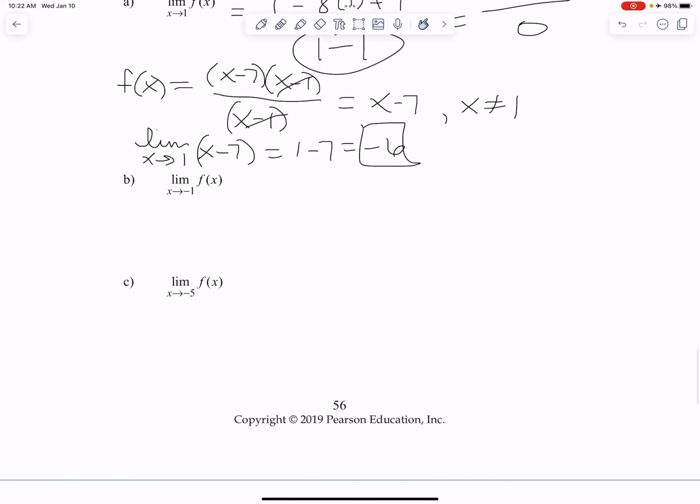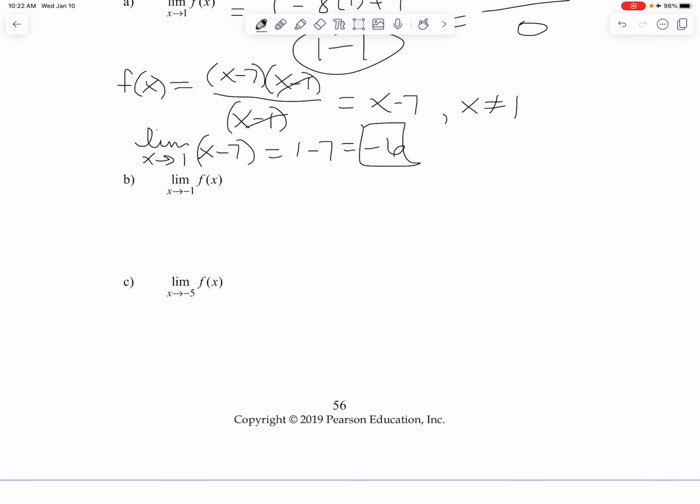Now let's examine what's happening from each side. So, limit of f of x as x goes to -1. So we looked at +1, we're going to look at -1. Note that it's not the left-hand side, it's actually the value of -1.